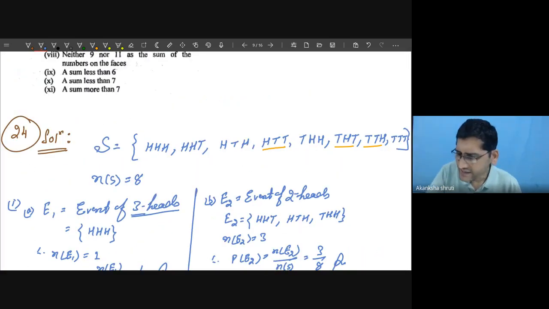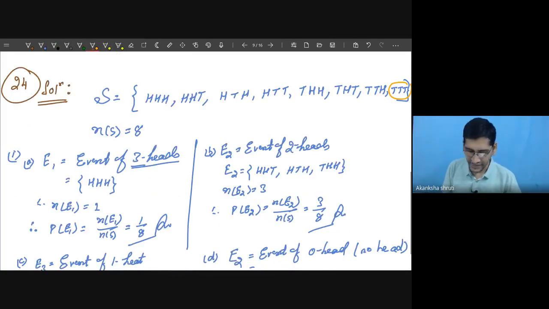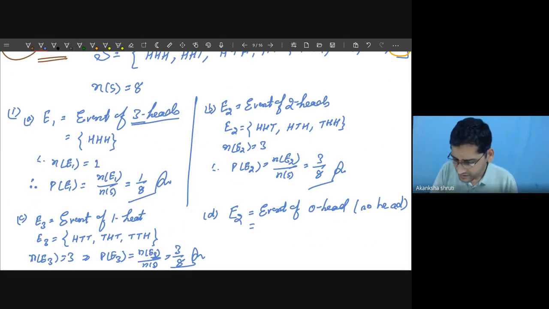Is there any? Yes, only one entry is there which is not having any head. Otherwise, all the entries are having head. So it is our TTT. So we shall write here event as TTT. After this, we can write n(E4) is equal to 1 only.